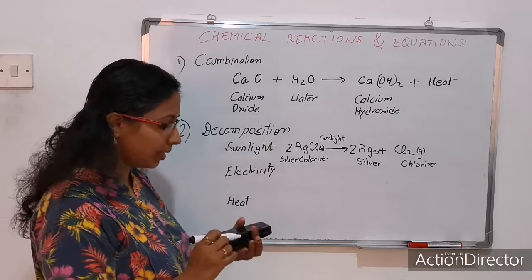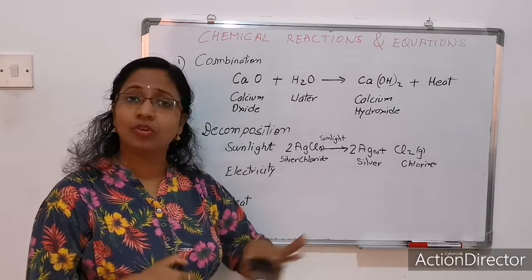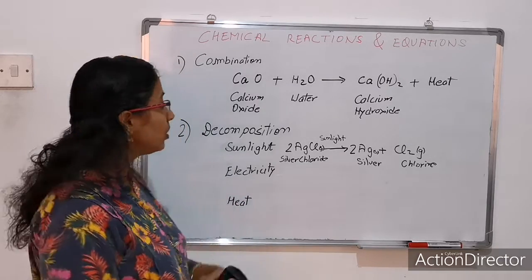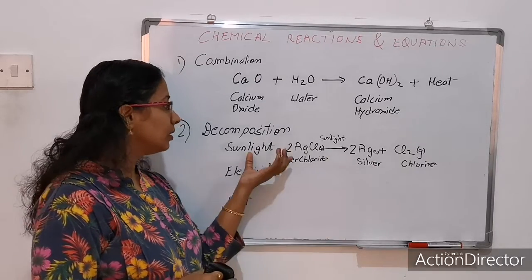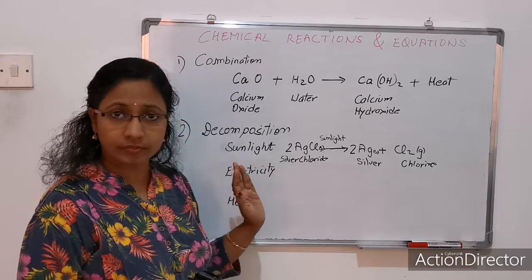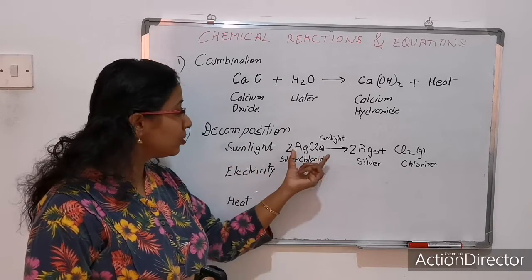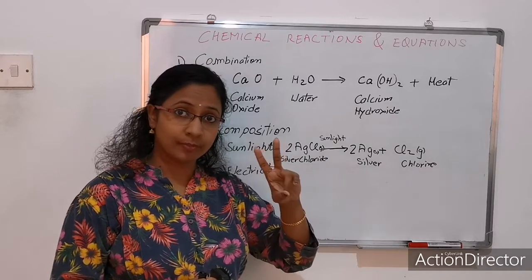There are many questions related to this, so you have to learn this equation anyway, and you can use it for decomposition by sunlight. Decomposition means one compound decomposes into two.